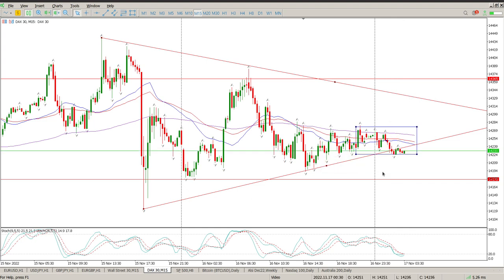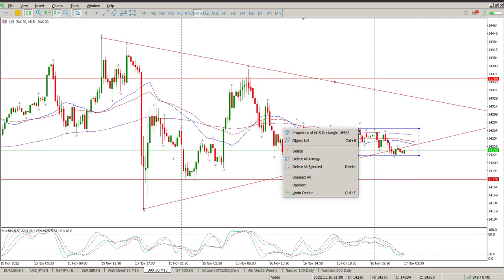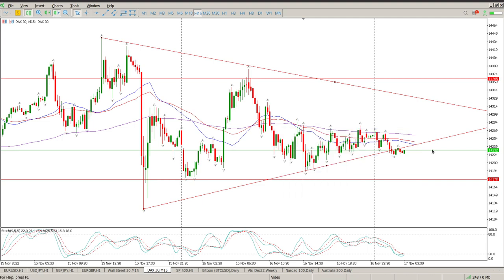And if we break it to the downside, the risk is just, well, it would come and test this line here. So your stop loss could actually be tighter on the downside. One of these swing lows or swing highs here, and then a move to this area here. But really small gains. Not something that I'd really be interested in. I'm looking for at least 100 points here. So I just want to delete that.